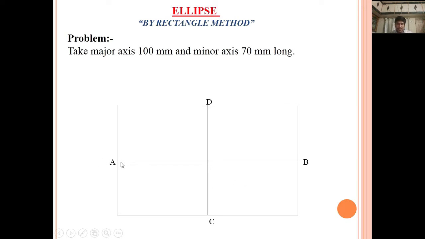Here we have four quadrants A, B, C, D, this 1, 2, 3 and 4, and all the dimensions are the same. That means this is the 50 mm dimension and these are 35 mm. This 35, this 50, this 50, this 35, like this.